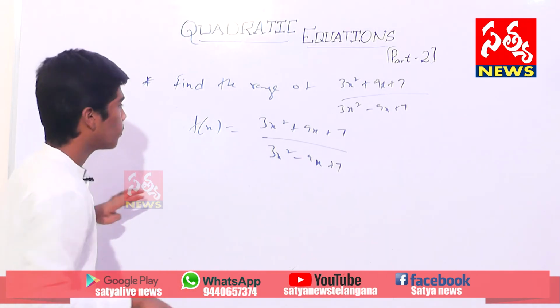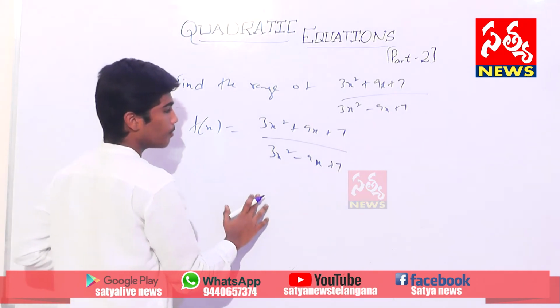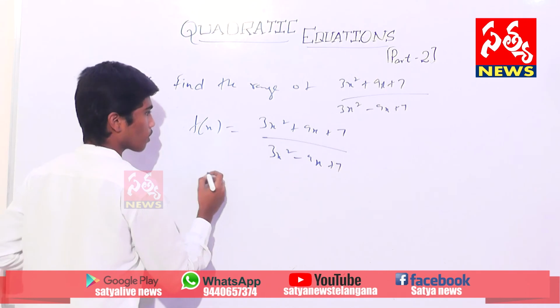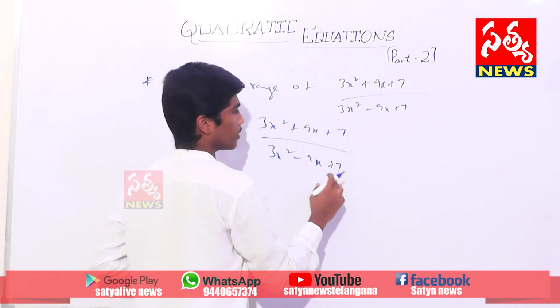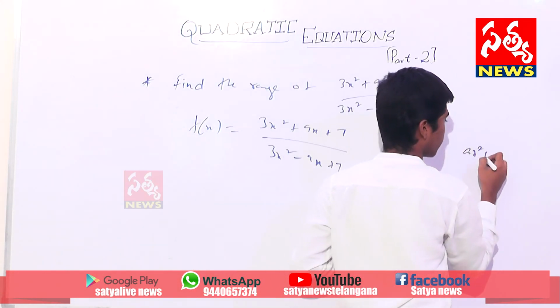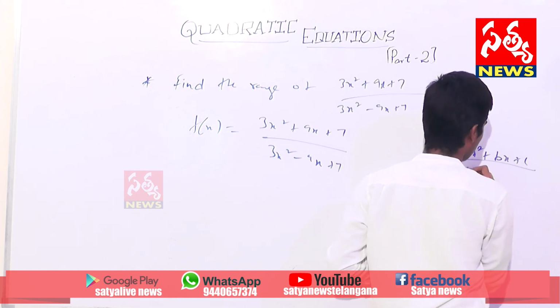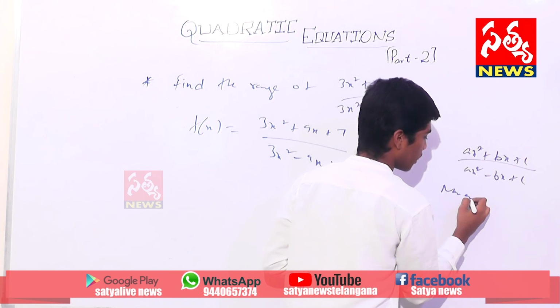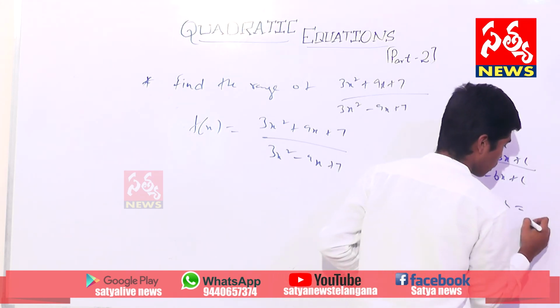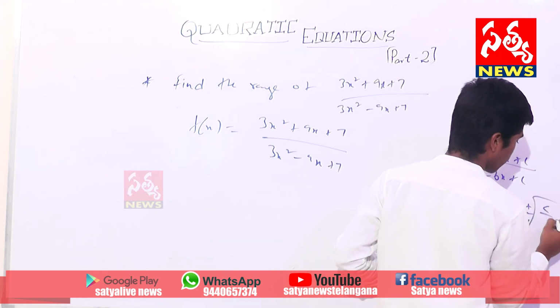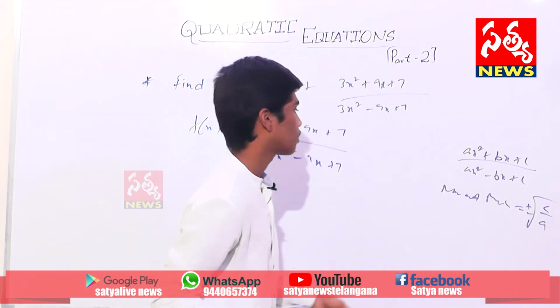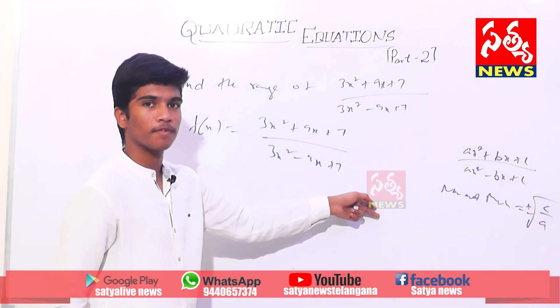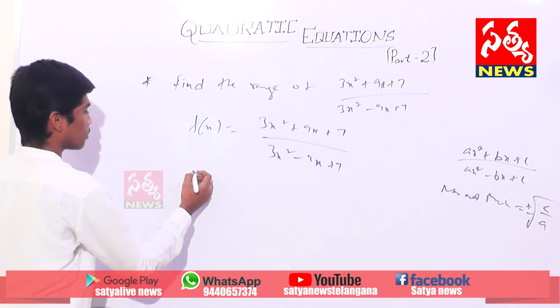I set the direct formula to find the maximum and minimum values of these kinds of expressions, that is (ax square plus bx plus c) by (ax square minus bx plus c). The maximum and minimum values are plus or minus under root c by a. I have set this formula in part 1, you can check there.